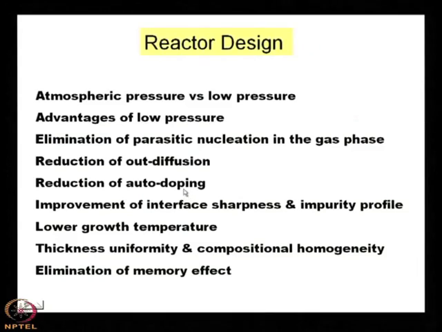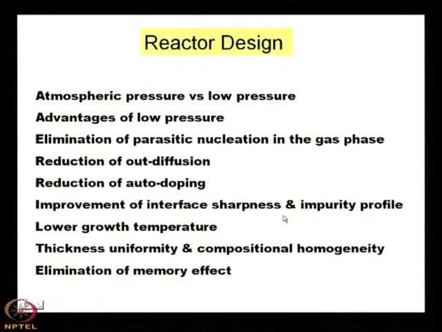Now if your reactors or the susceptors or the substrate are not clean to that level, then what is the use of using 9 and 10 nines purity chemicals? No use. So, out diffusion or auto doping is quite possible during the growth. This can be avoided if you use the low pressure system.